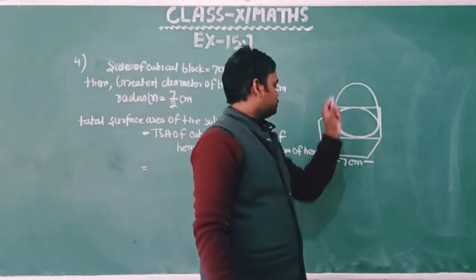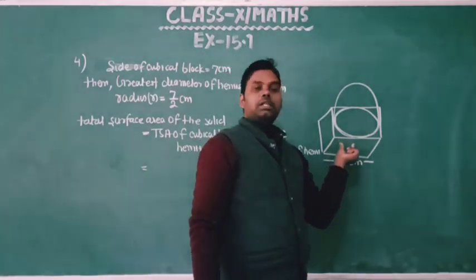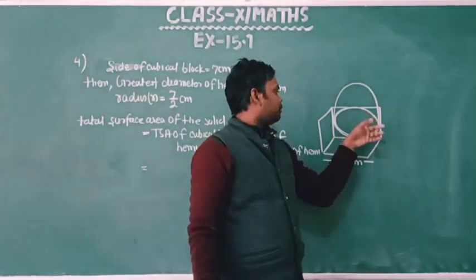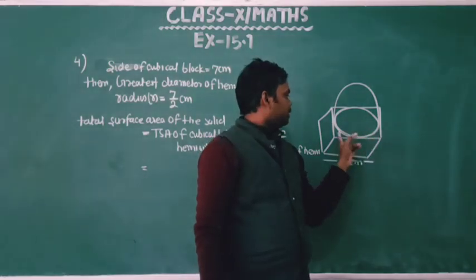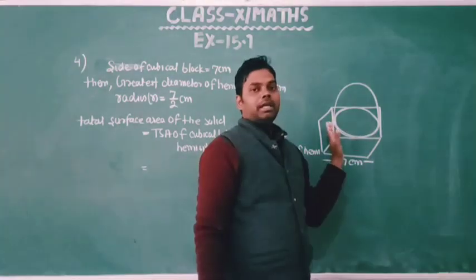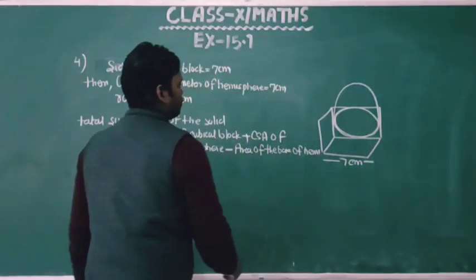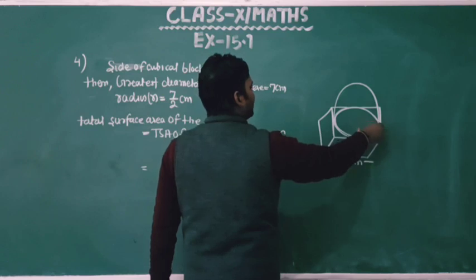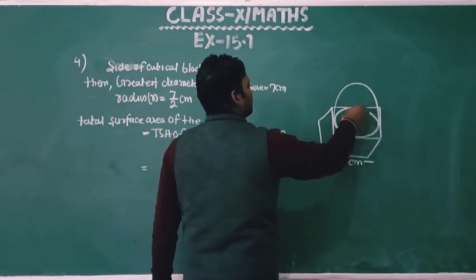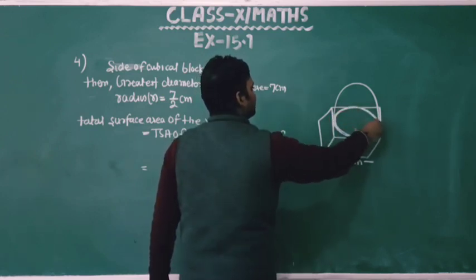Because in the total TSA of the cubical block, this area remains on the top, so we subtract it, and this is covered by the circular part of the hemisphere.